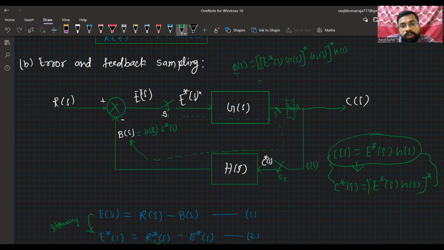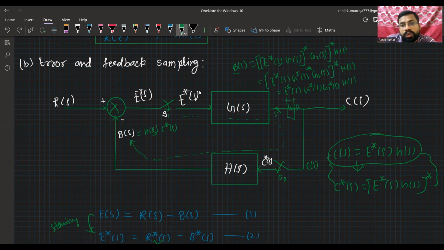Again you can perform the operation. First this bracket will be here, that is E star of S, and it will become G star of S. After that, this G2 of S, now again star of S, and this is H of S. Again E star star will become the same function, star star will become the same function, and this function doesn't have a star, so it will become G2 star of S. And this is the same, no change.